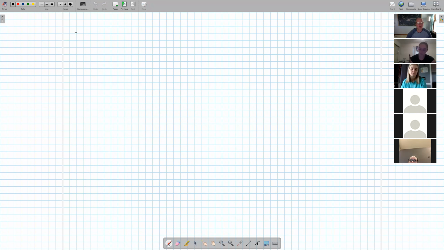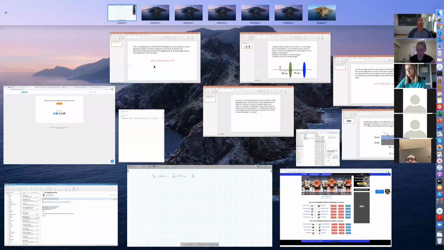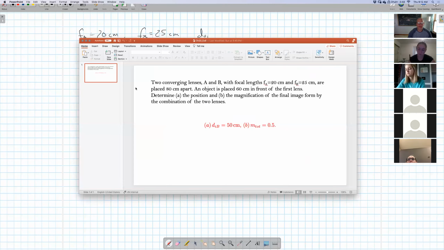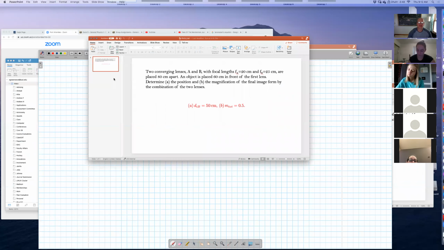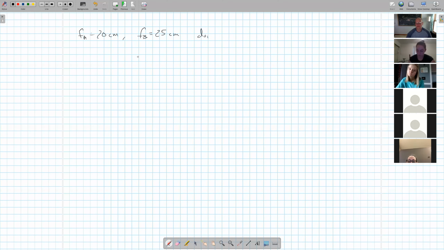Okay, so let's write down everything we know. FA is equal to 20 centimeters. FB is equal to 25 centimeters. Object distance 1 is equal to 80 centimeters, and D is equal to 60 centimeters.